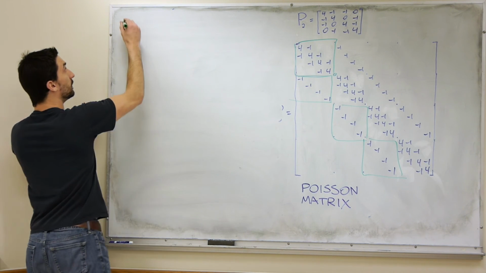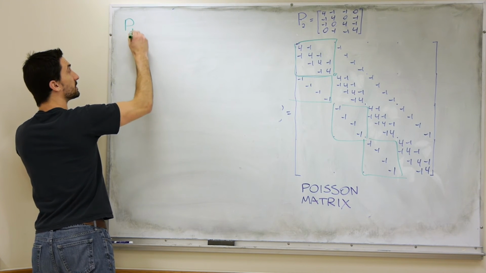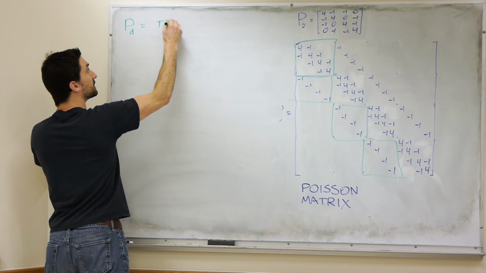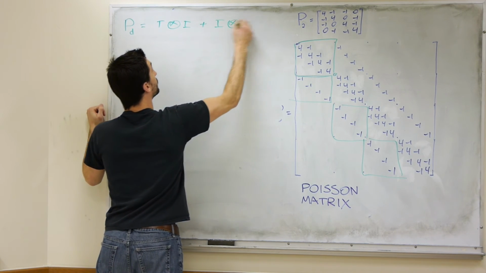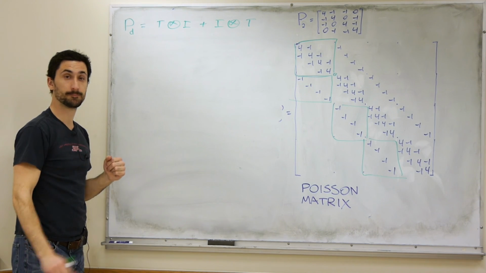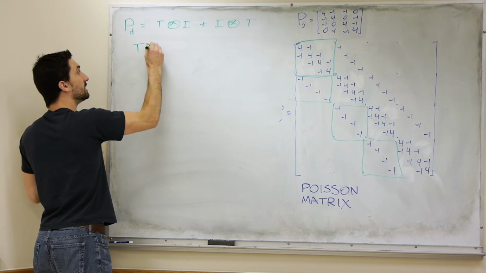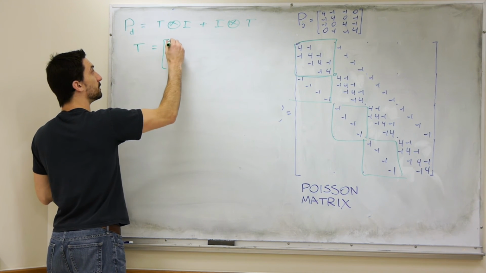It turns out that you can write a Poisson matrix as a sum of two different Kronecker products, where T is equal to the following.